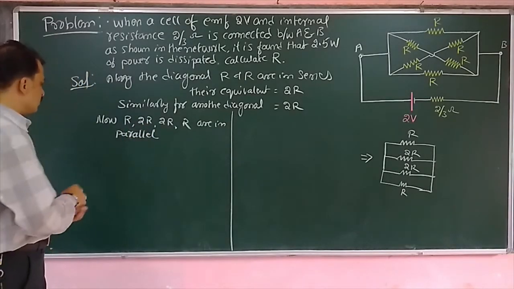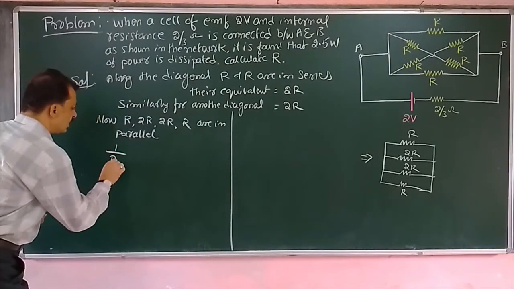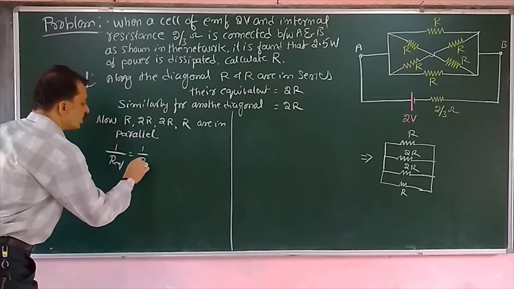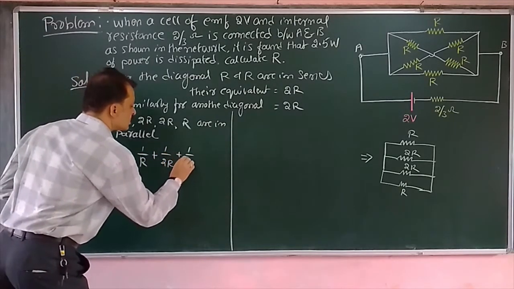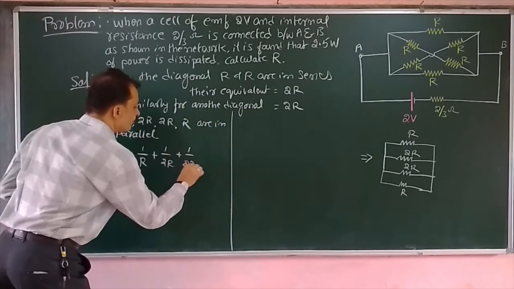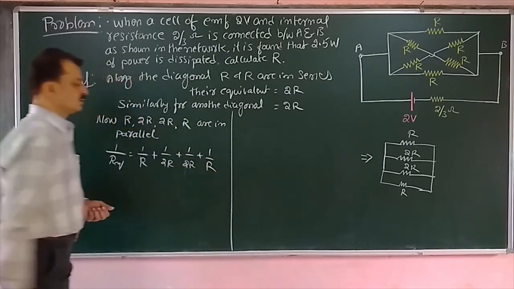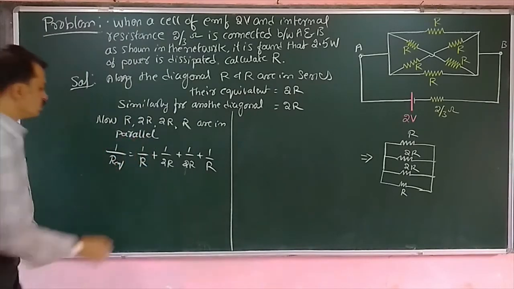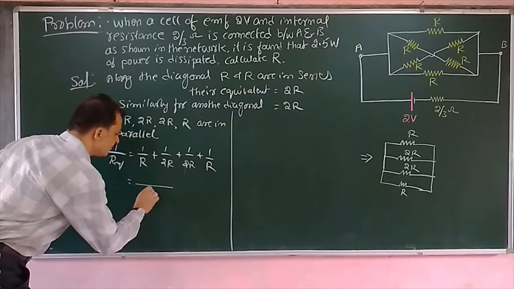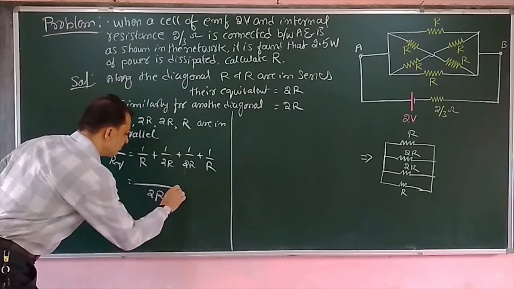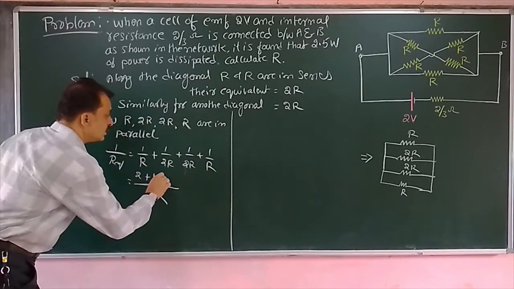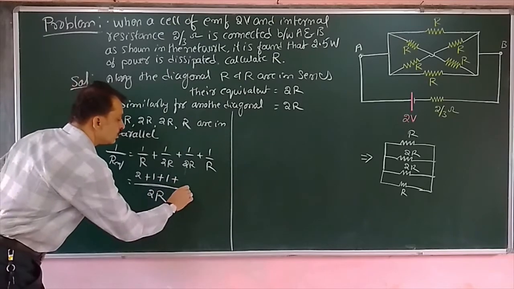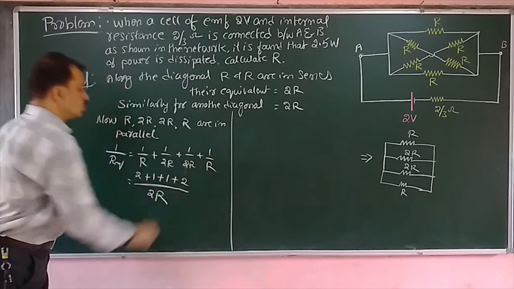Therefore, their equivalent becomes 1 by R equivalent is equal to 1 by R plus 1 by 2R plus 1 by 2R plus 1 by R. Now what is the LCM? 2R is the LCM here clearly. Now here it is 2 plus 1 plus 1 plus 2.